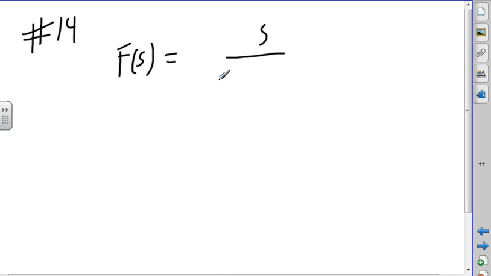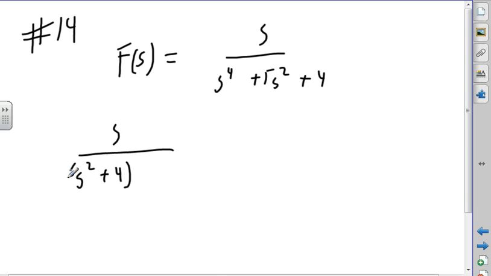we'll start number 14, knowing that there's absolutely no way we can get it right. Would that be okay? So f of s over s to the 4th, 5s squared plus 4. Okay, so we have s divided by s squared plus 4 times s squared plus 1.